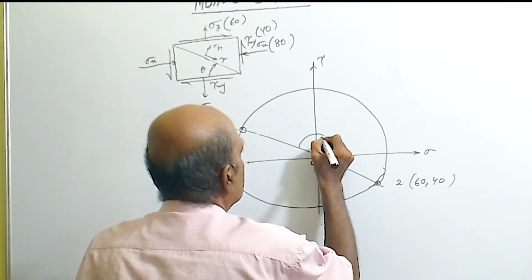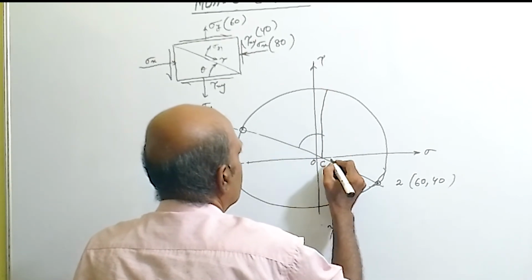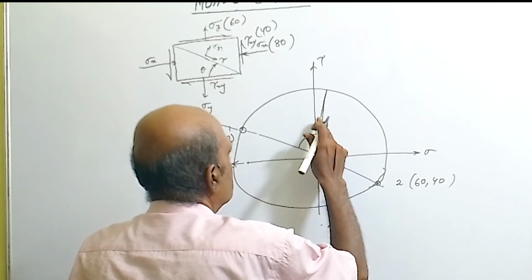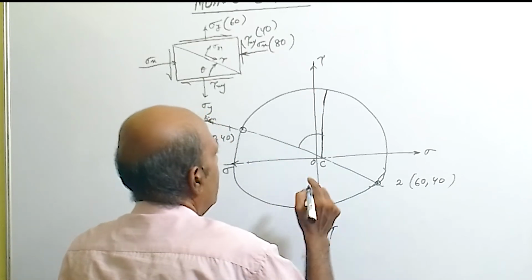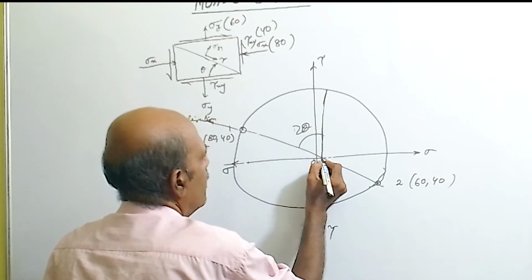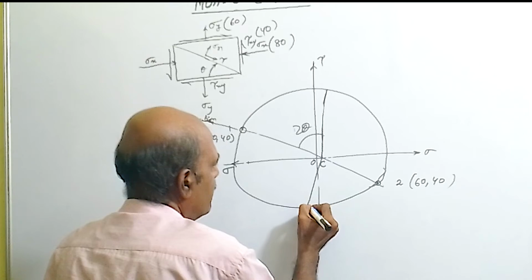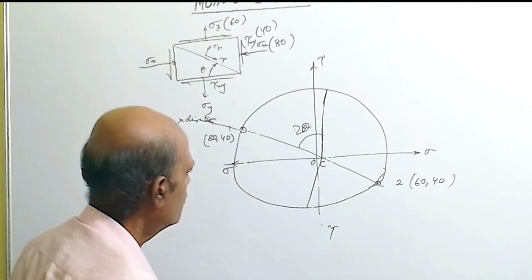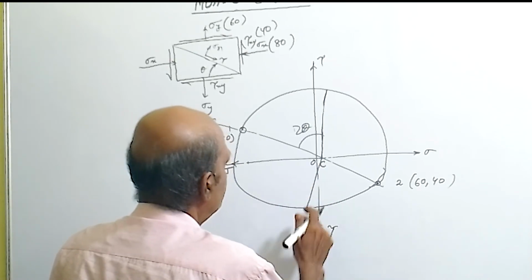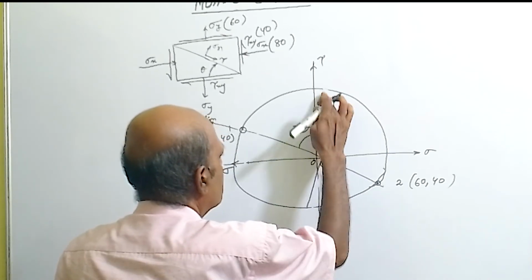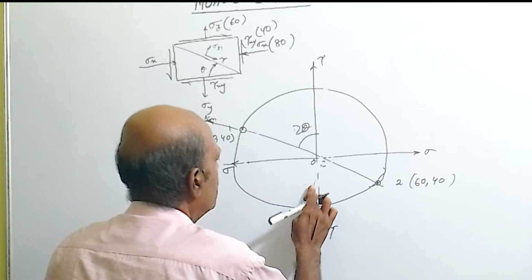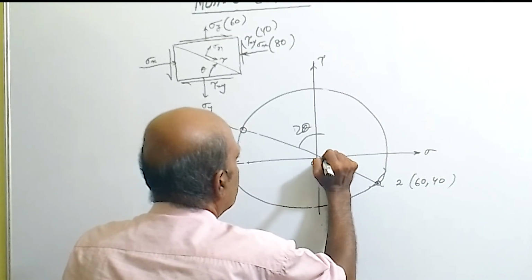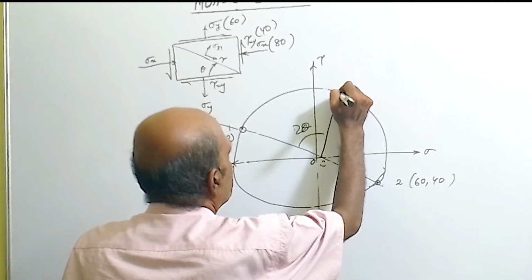So here this becomes the 2 theta angle. Okay, so this is 2 theta. So extend this line so that it will come somewhere here. Just clearly show it, take some inclination so it will be easy.